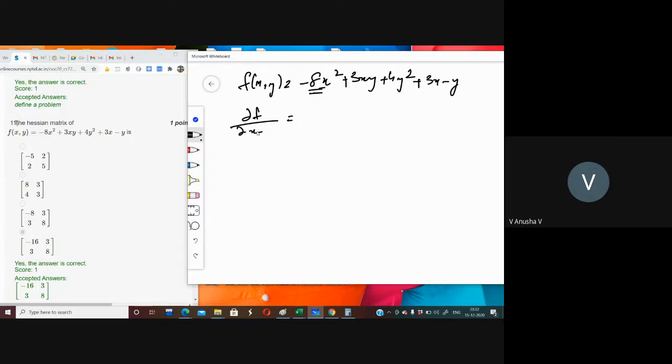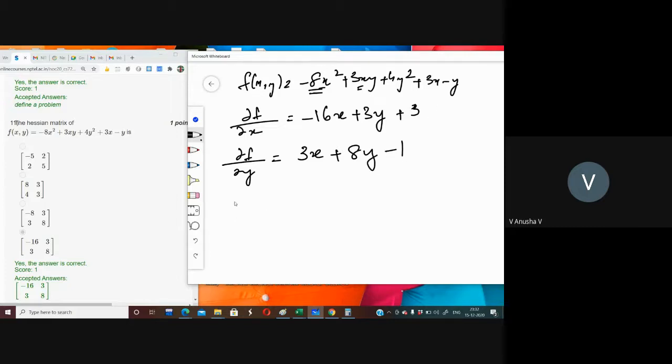What will be dou f by dou x? It will be minus 16x plus 3y plus 3, right? And next I will be calculating dou f by dou y. Dou f by dou y will be 3x plus 8y minus 1.